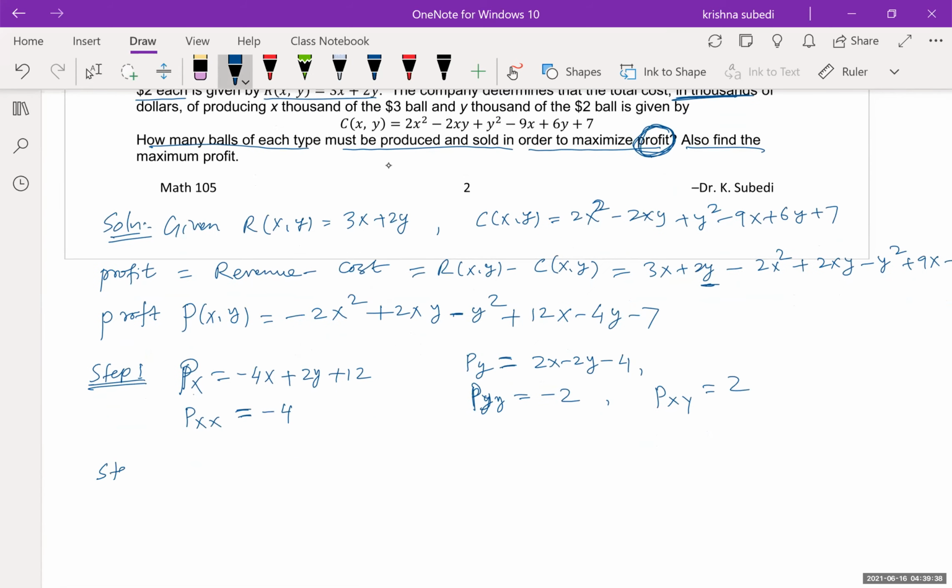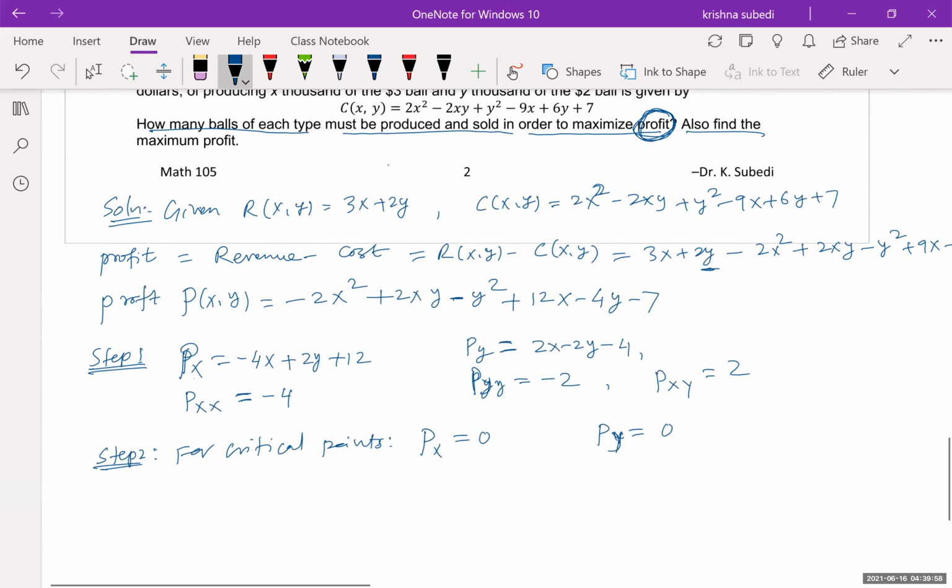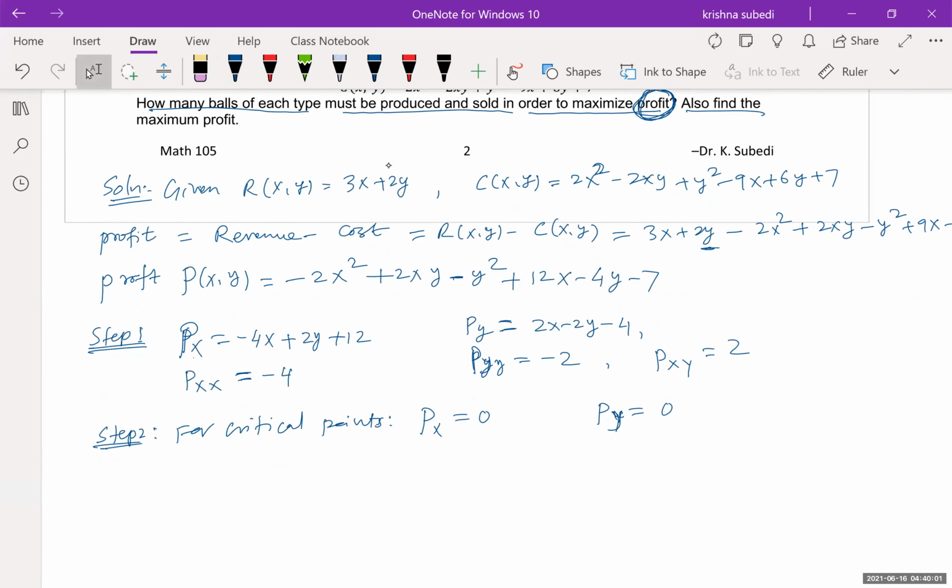Now, step 2, we need to find the critical number. For critical points, what you need to do is set the first order partial derivatives equal to 0. Guys, I want you to complete this by yourself. I think you can do it, okay? I trust you guys.